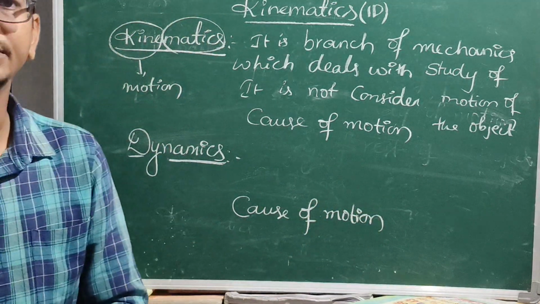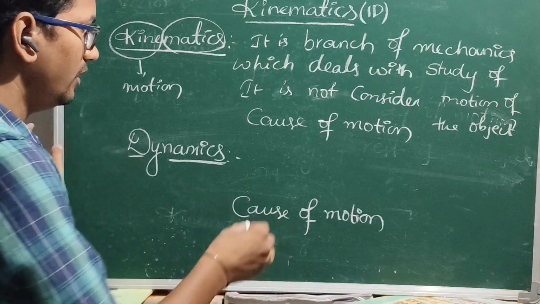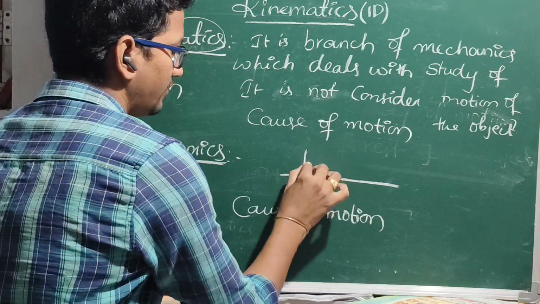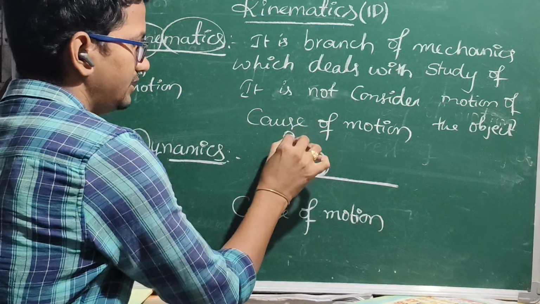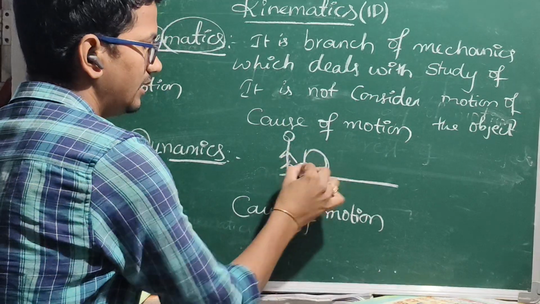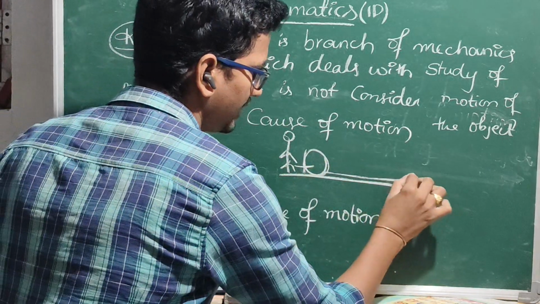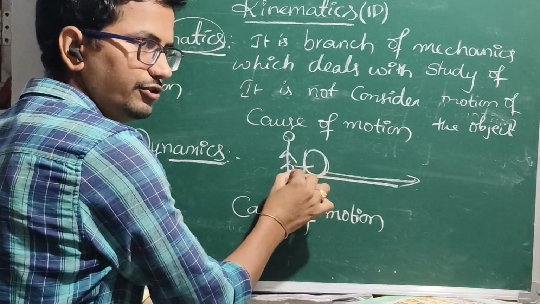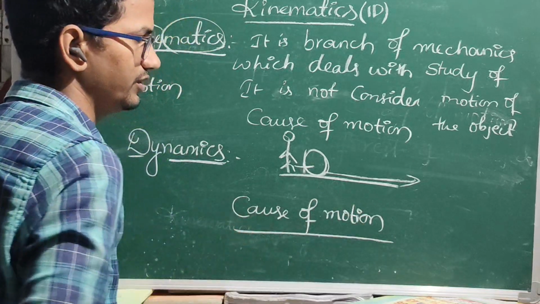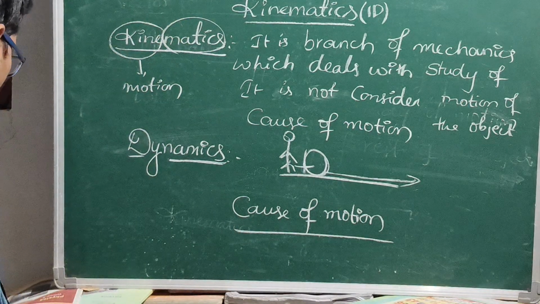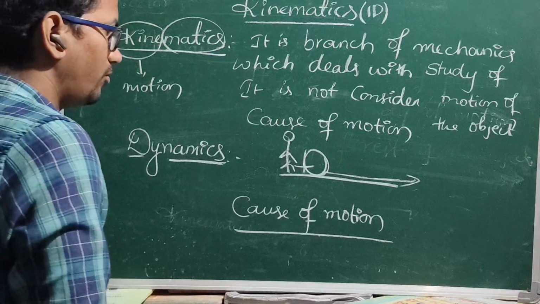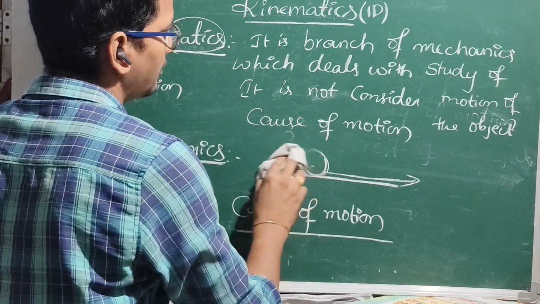For example, a ball is there and a person kicks the ball. The ball will travel. We are giving some external force, and that is called the cause of motion. Without giving any cause of motion, automatically the body is in motion, and that is kinematics.